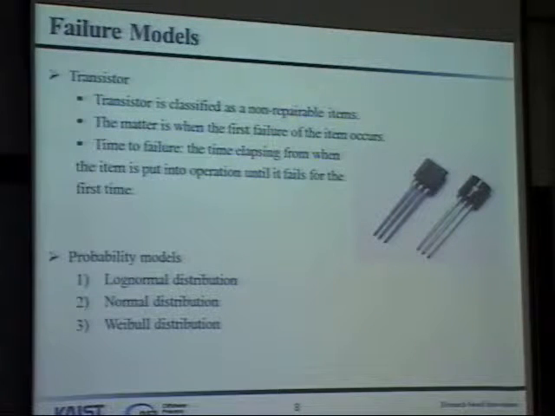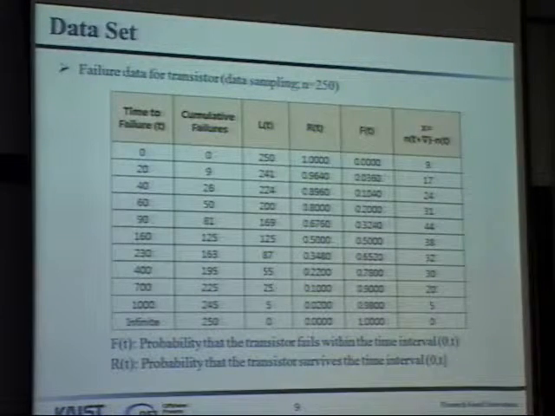We call it time to failure, and we select three models to fit the data set: log-normal distribution, normal distribution, and Weibull distribution. And this table above is the data set.